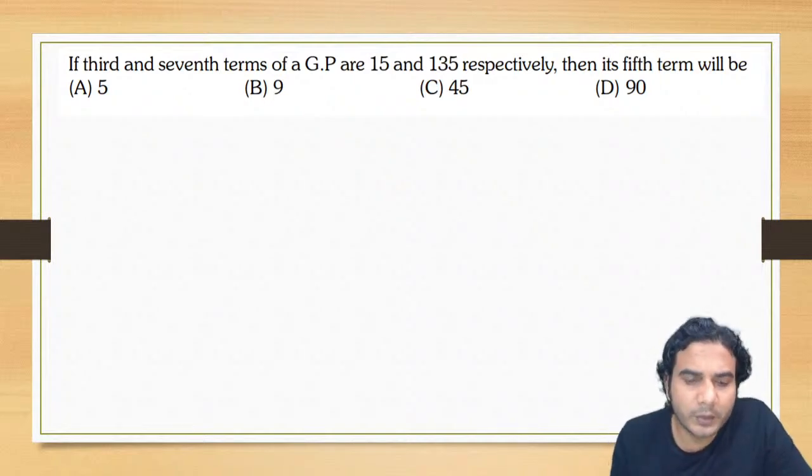This is a very good problem. I'll tell you a shortcut for this, which you can apply and find the answer directly. You first try it, then I'll tell you the method, another method. I'm sure that is going to be a better method.